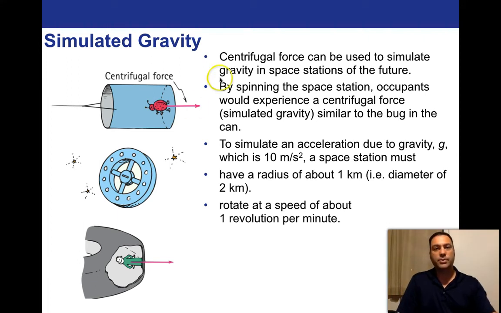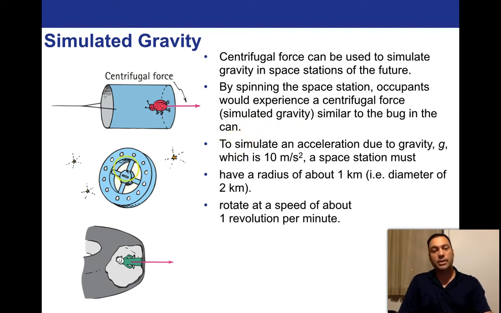All right, so centrifugal force can be used to simulate gravity in space stations of the future. So here we have this bug again hanging out at the bottom of the can. But how's that different than taking a circular space station and just spinning it, right? So by spinning the space station, occupants would experience a centrifugal force simulated gravity similar to the bug in the can.